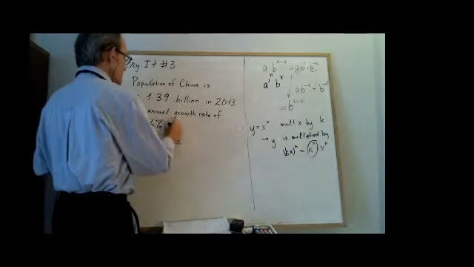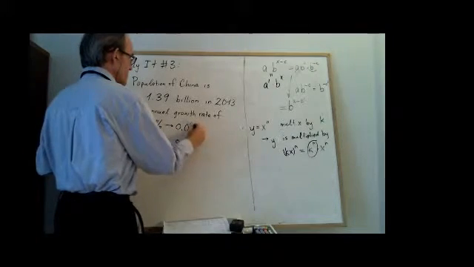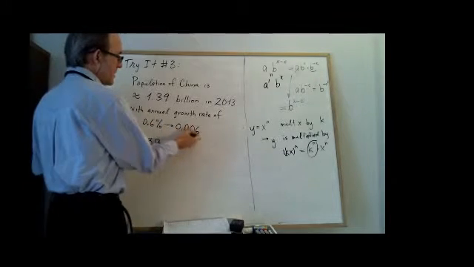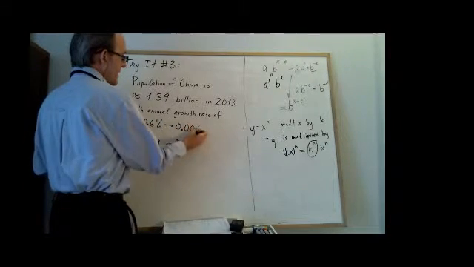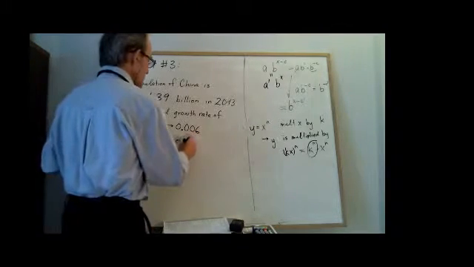Now this should be expressed as a decimal, 0.006. Okay, this is less than 1%, it's 6 thousandths, 6 over 1,000.